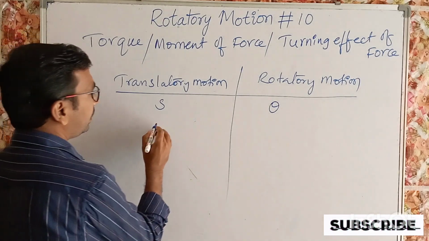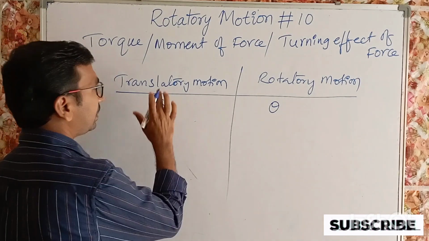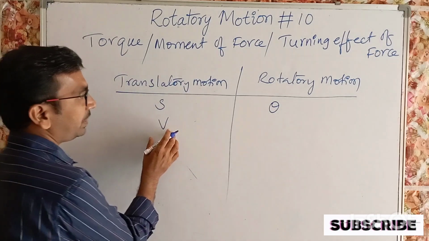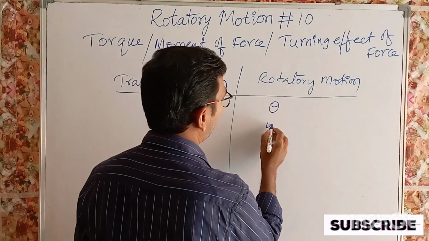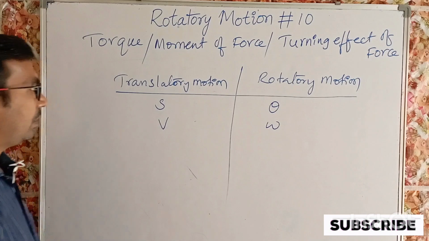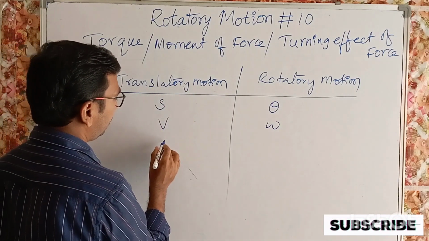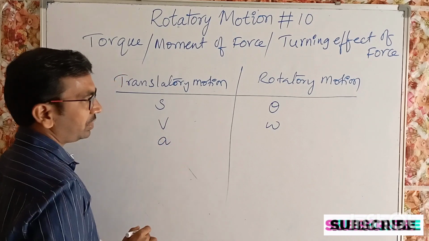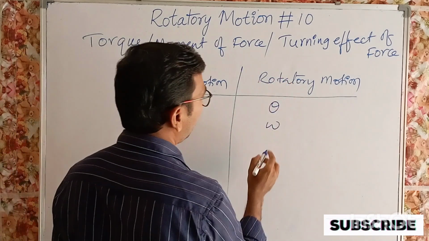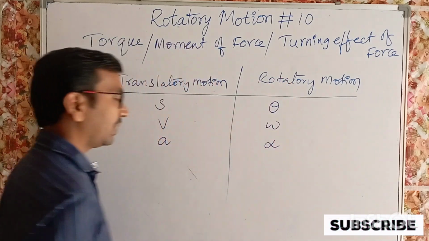In translatory motion, linear velocity is v; in rotatory motion, angular velocity is omega. Next, in translatory motion, linear acceleration is a; in rotatory motion, angular acceleration is alpha.